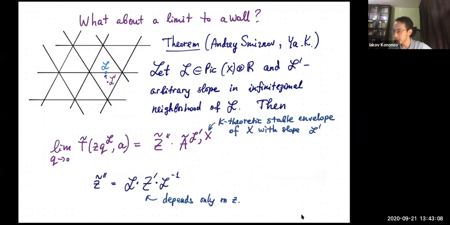So we have this factorization property. So the limit when Q goes to 0 of the matrix with shifted Z, and L is not generic, this limit factorizes to a product of two matrices. The first matrix corresponds to the dual variety, and the second matrix corresponds to the original variety, to the stable envelopes with slope L prime.